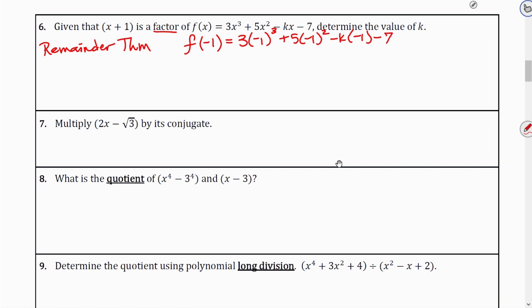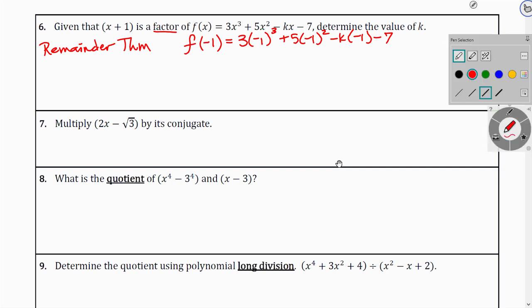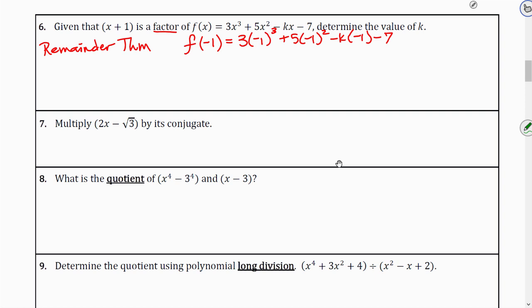The next thing is using the factor theorem. The factor theorem says that if it's a factor, then the remainder must be 0. So I'm going to put that equal to 0 and simplify. Negative 1 cubed is negative 1, so I have negative 3.